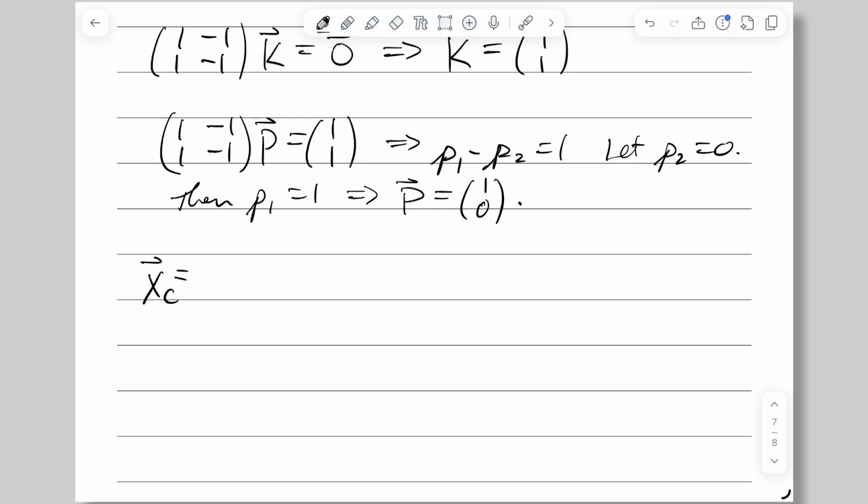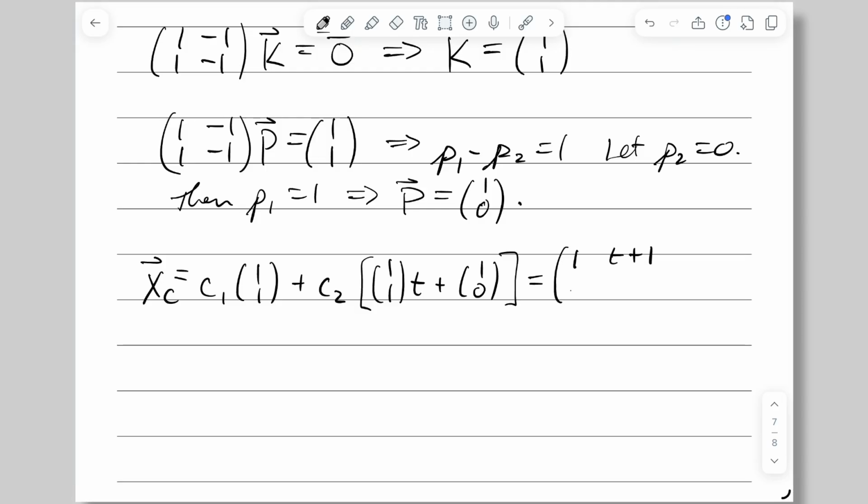X sub c is equal to c1 times 1, 1 e to the 0 plus c2 times 1, 1 t e to the 0 plus 1, 0 e to the 0. Putting this in the form of phi times c, we have the matrix 1, t plus 1, 1, t times c.